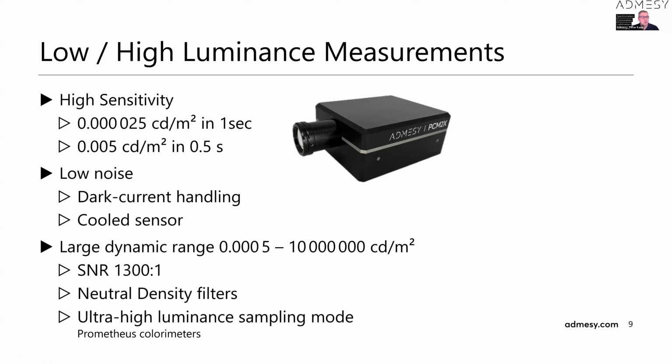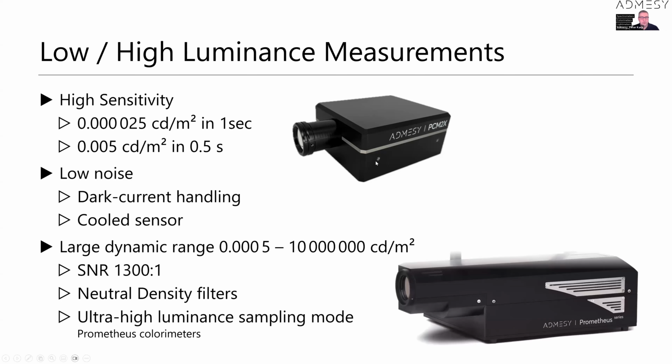You also need to make sure that you have a good handling of the noise characteristics, so dark current calculation. For some devices, you use a cool sensor, and for our spectroradiometers, for example, we achieve a super large dynamic range of 0.005 candela per square meter up to 10 million, and have an excellent signal-to-noise ratio of 1300 to 1.